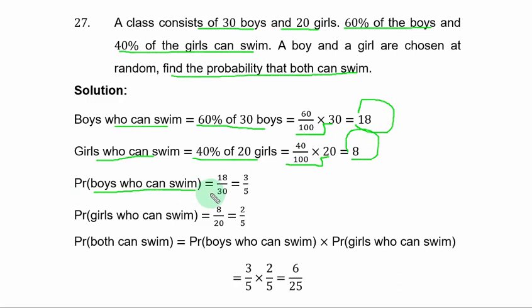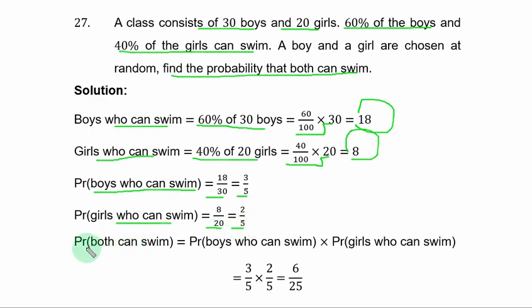Now let's get probability of boys who can swim. That is 18 boys over total boys in the class, that is 3 over 5. Probability of girls who can swim is equal to number of girls who can swim, 8, over total girls in the class, 20, and that reduces to 2 over 5.